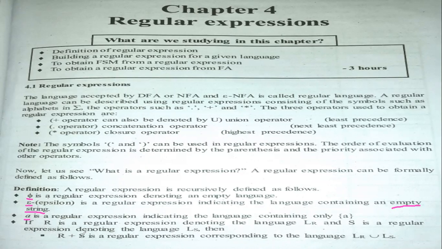If R is a regular expression denoting the language LR, and S is a regular expression denoting the language LS, then R plus S is a regular expression corresponding to the language LR union LS. What he's trying to say is, R is a regular expression for language LR and S is a regular expression for language LS, two different languages.